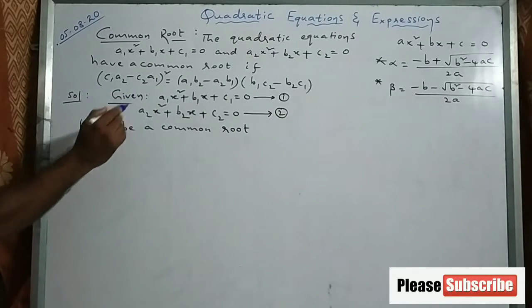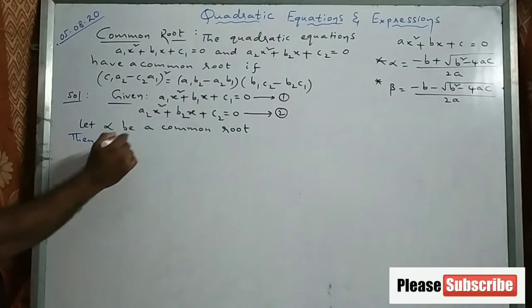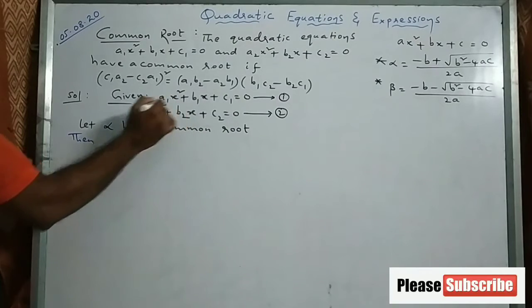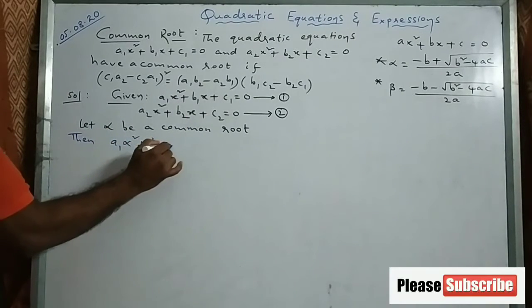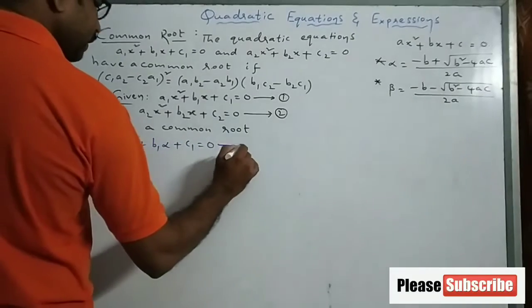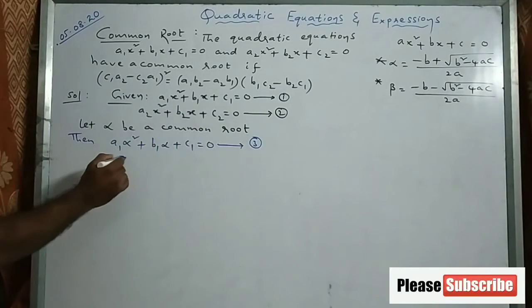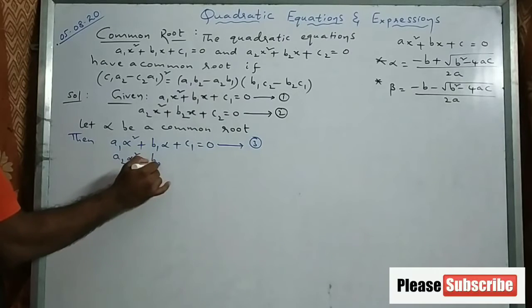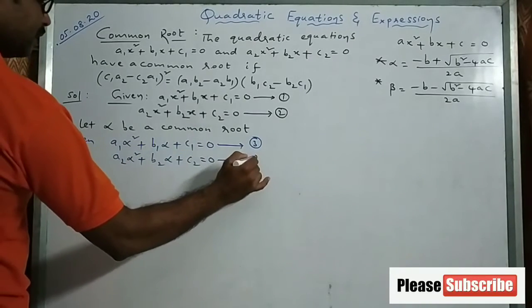So in the place of x keep alpha: a1 alpha square plus b1 alpha plus c1 equal to 0, equation 3. And alpha is also a root of equation 2, that means a2 alpha square plus b2 alpha plus c2 equal to 0, equation 4.